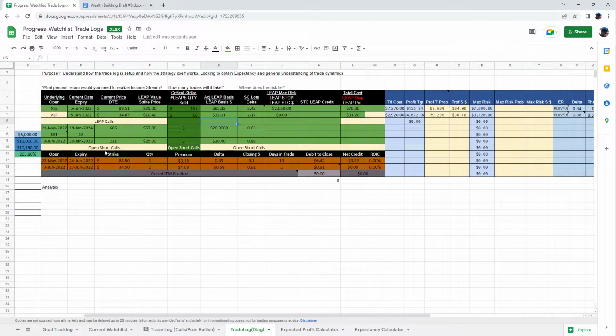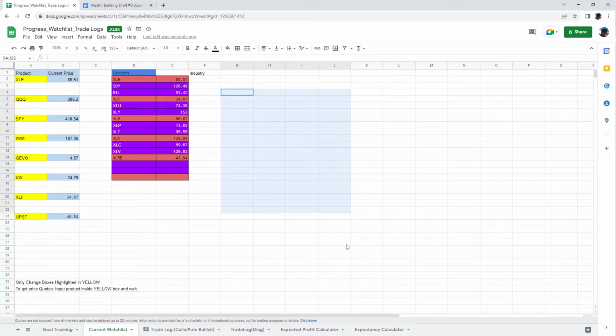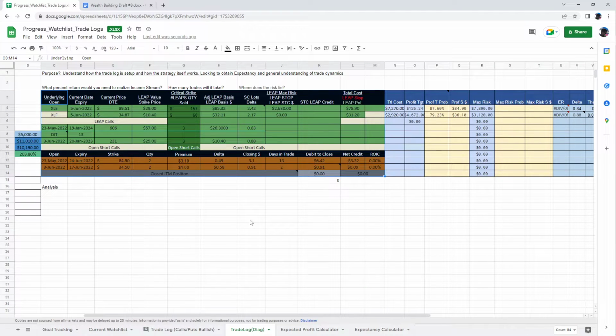You would have a log like this built out for each individual trade, and then another sheet, like over here, that would reference each of those logs. Because if you have both trades on the same log and then sum up the debit to close at the bottom like you're talking about, it will give you wrong results, because the first debit to close is only for the first trade, the second one is for a different trade. Yeah, exactly.